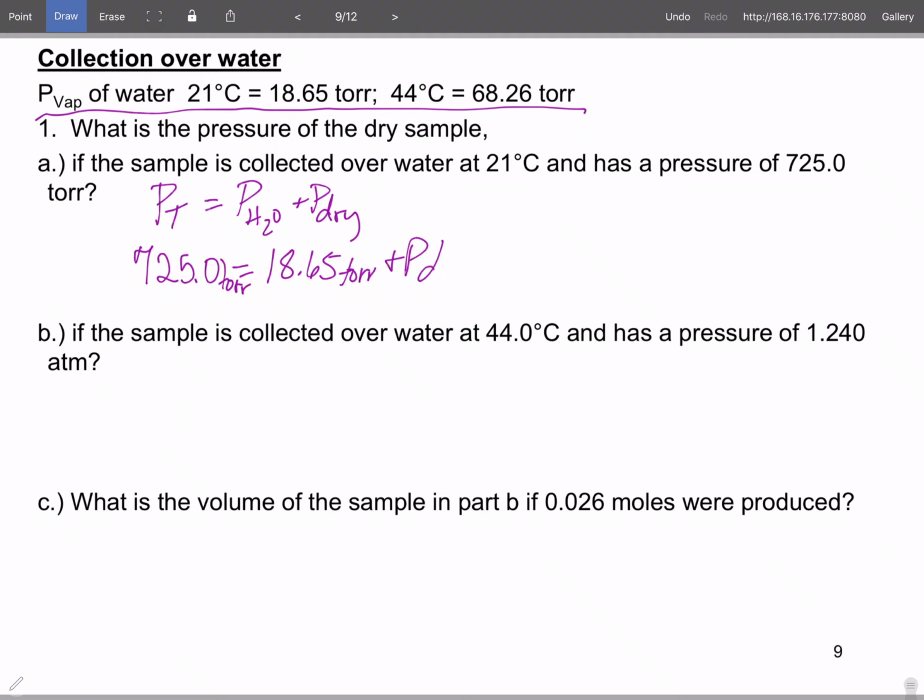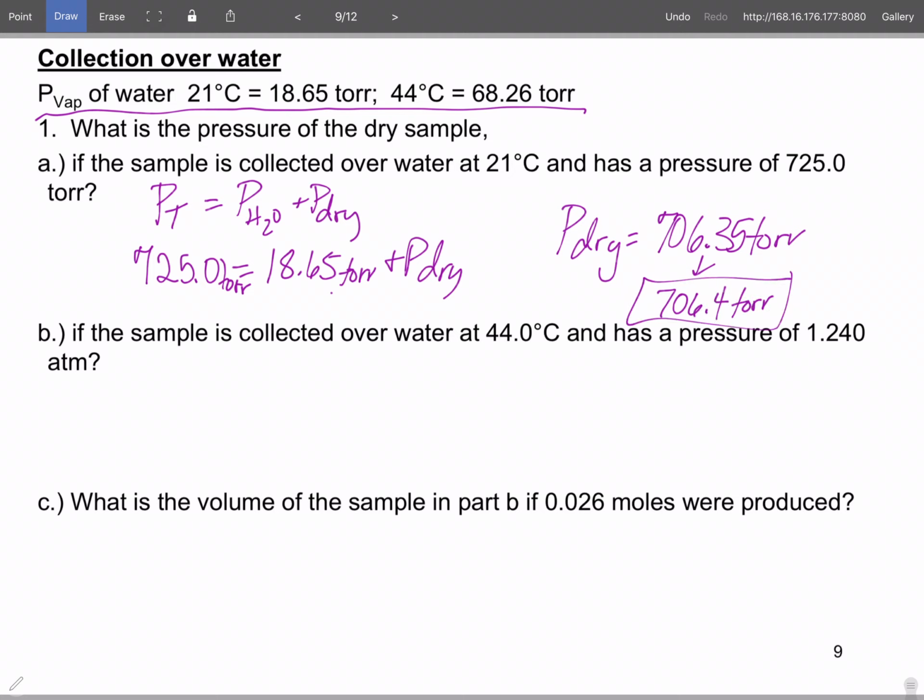Then the pressure of the dry is strictly subtracted. So the pressure of the dry is going to be equal to 706.35 torr. Okay, and if we were doing scientific notation for this one, we have 2 digits after the decimal and we have 1 there, so it'd be 706.4 torr using our significant figures.